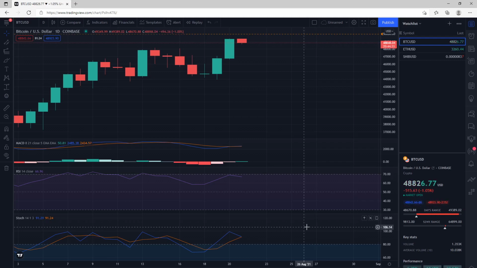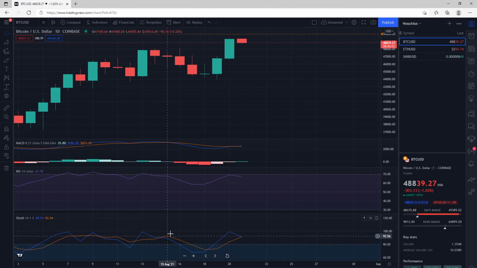What you are looking for, if you want to be a safe trader, is buy indicators that are extremely strong on the Stoch. You want to be looking at your other indicators to indicate, yes, this is correct. This is what is happening. And then you want to follow along from there.